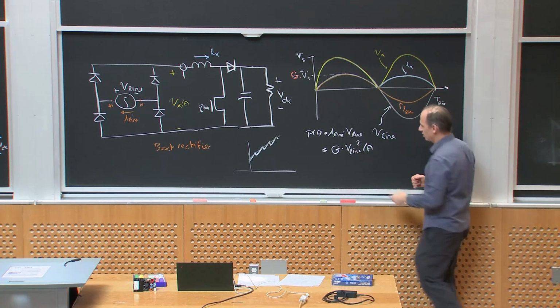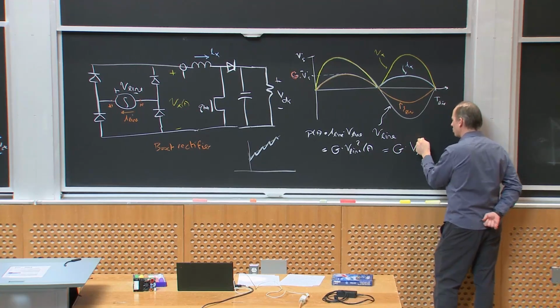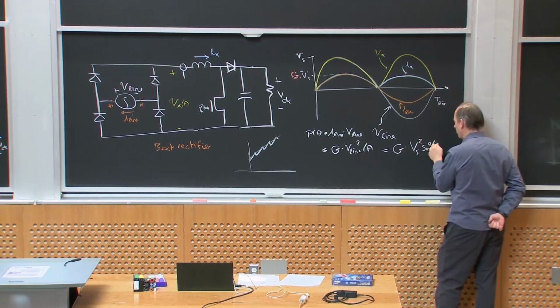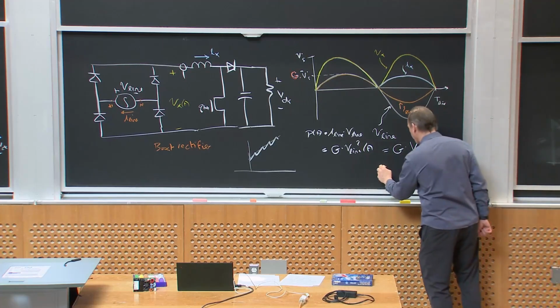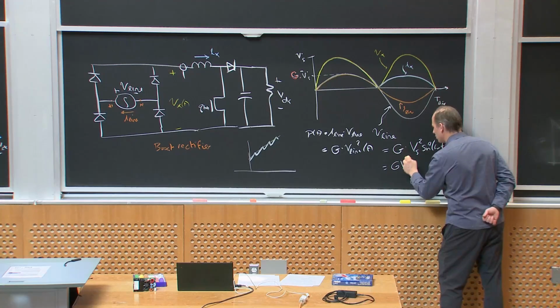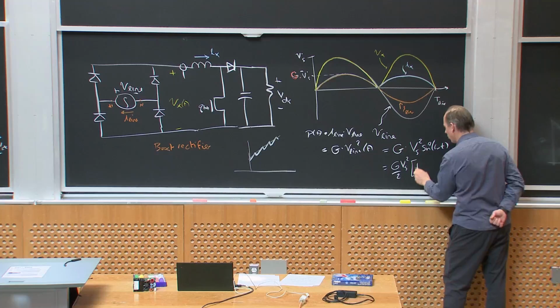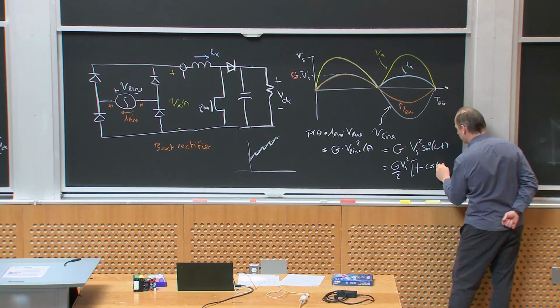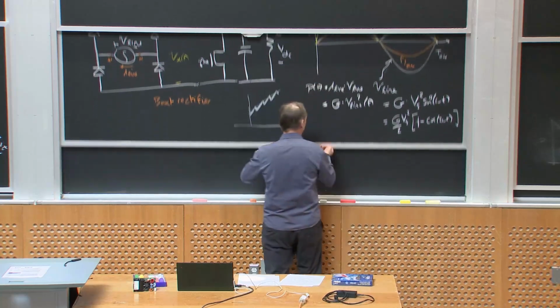So this could be G times Vs squared sine squared of omega t, which I could also write as G Vs squared over 2 times 1 minus cosine of 2 omega t. Okay?